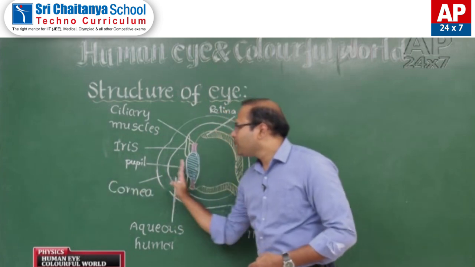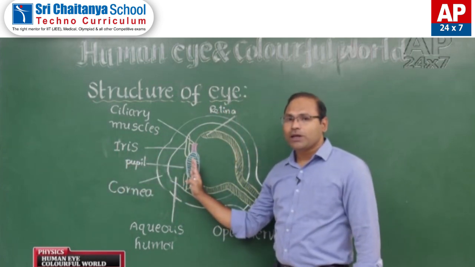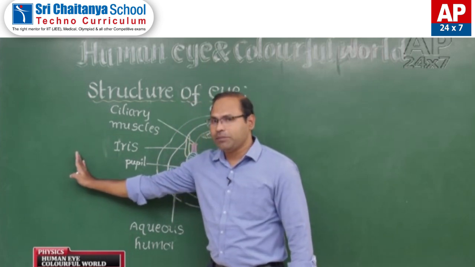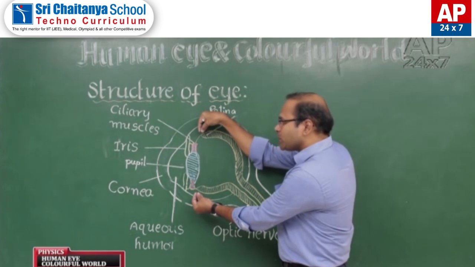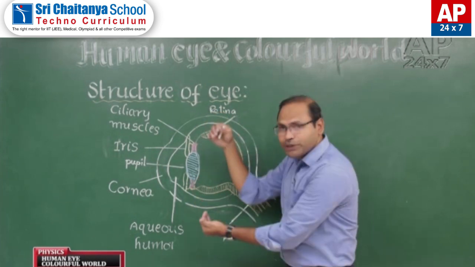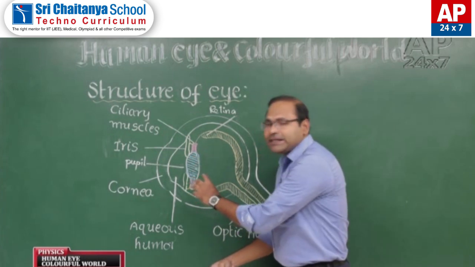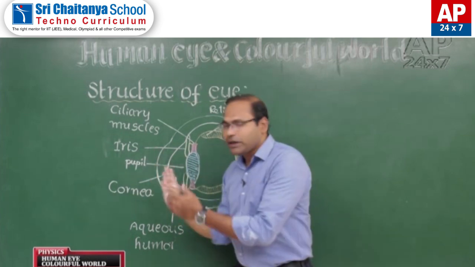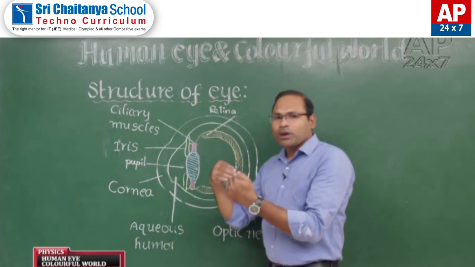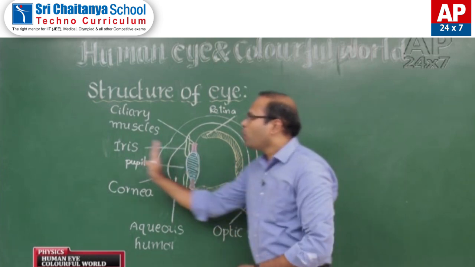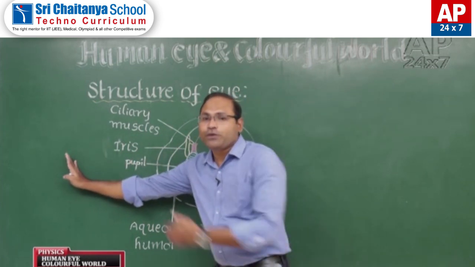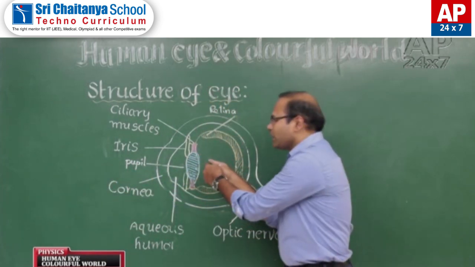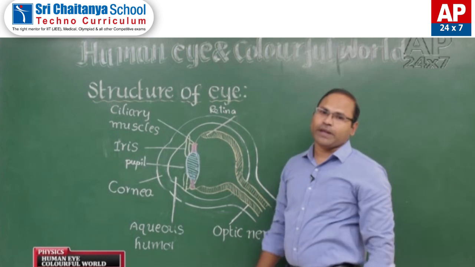When the object is at the least distance, about 25 centimeters, the ciliary muscles compress the eye lens to reduce its focal length, and it has a certain limit. Because of that limit, the eye lens can comfortably form an image on the retina only when the object is at 25 centimeters. If you come even closer, the ciliary muscle cannot compress the eye lens, so you will feel the strain.